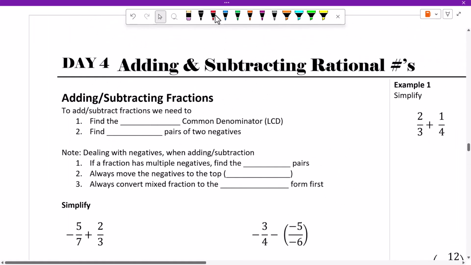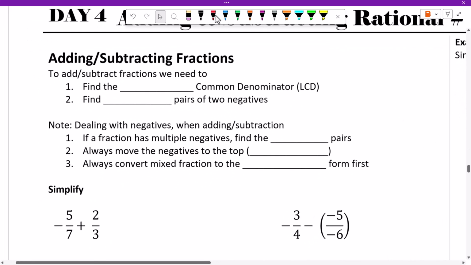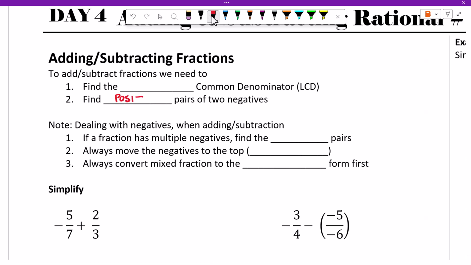All right, I'm going to jump around, just like multiplying. We want to find positive pairs. If you have tons of negative signs, find the positive pairs of the two negatives. Now, if you cancel all your positive signs out and you end up with an extra negative sitting around, my suggestion is to move that negative sign to the numerator.